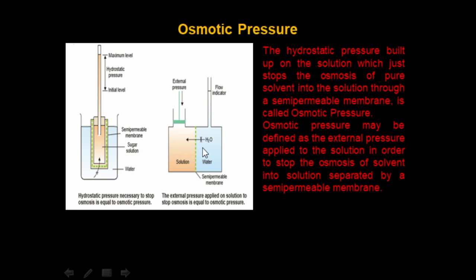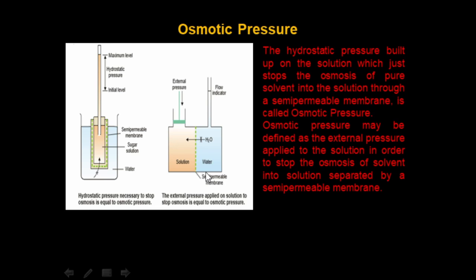That is called the osmotic pressure. The hydrostatic pressure developed by the water here is called the osmotic pressure, or otherwise, in order to prevent the osmosis from taking place, we apply a certain amount of pressure externally on the solution side, which is called the osmotic pressure.